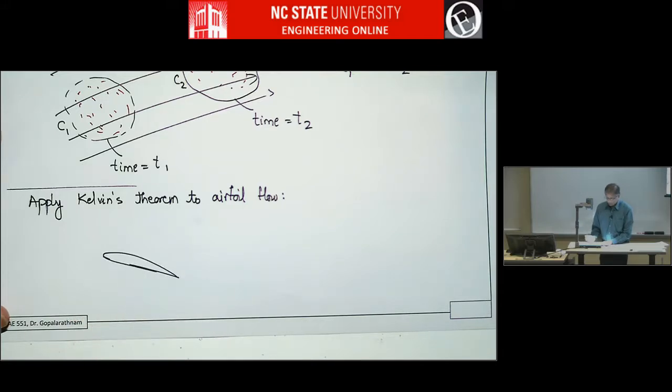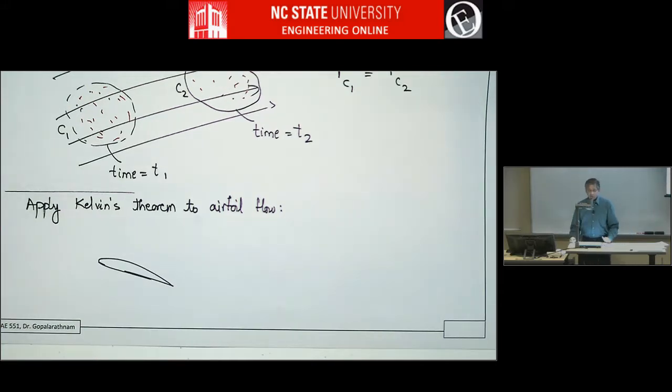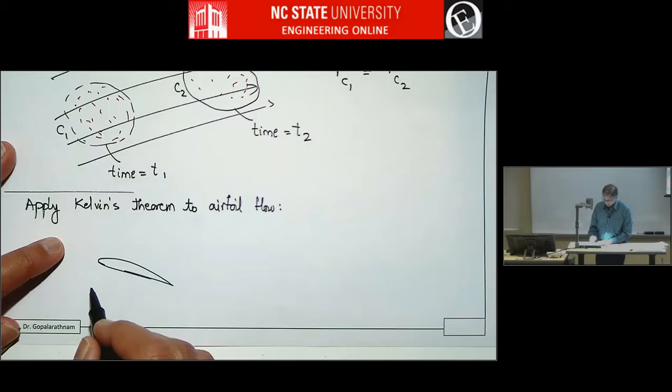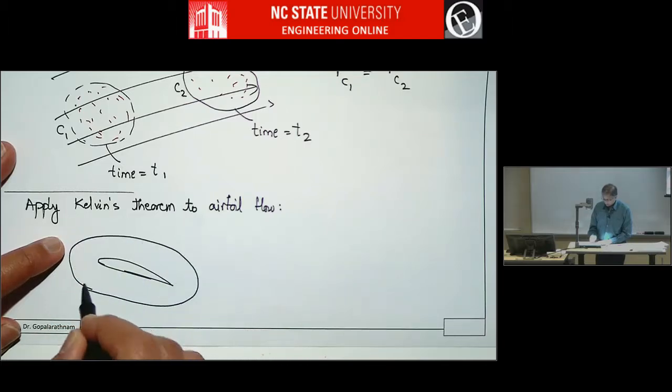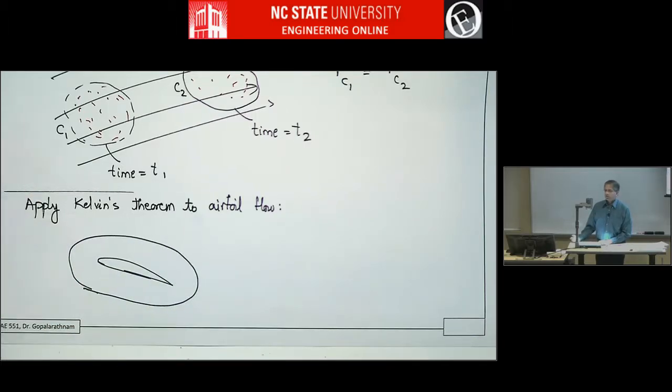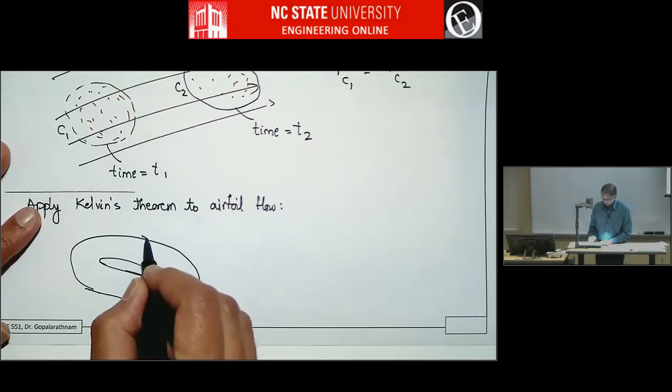Let's say it's a situation where you have an airfoil in a wind tunnel, and initially the wind tunnel is off, so there's no air flowing. And you take circulation around the airfoil. So let's say you draw a contour around the airfoil and you calculate circulation. What will it be? 0, right? There's no flow. So v dot dl will be 0 because v is 0 everywhere. So gamma equals 0.